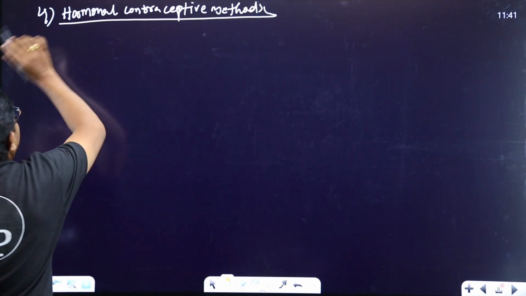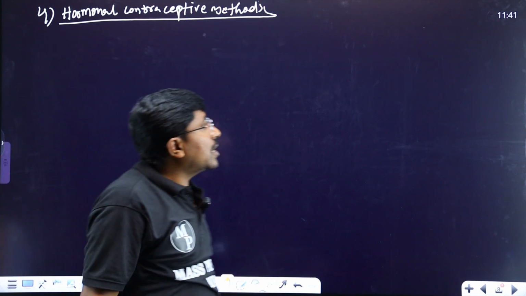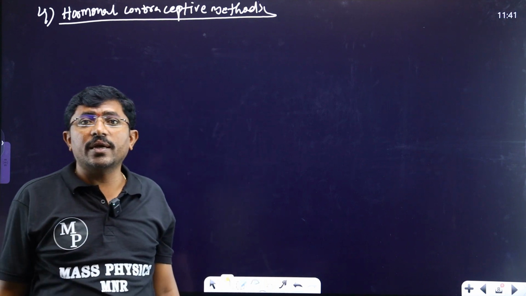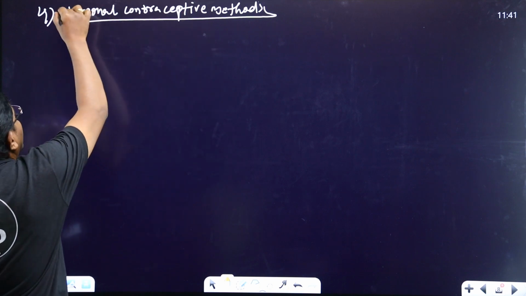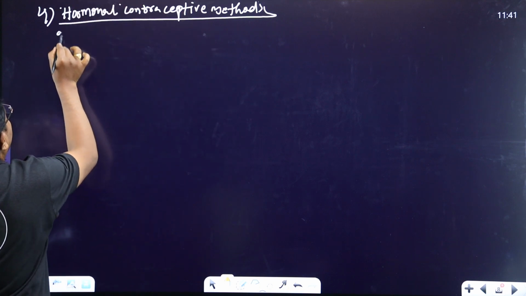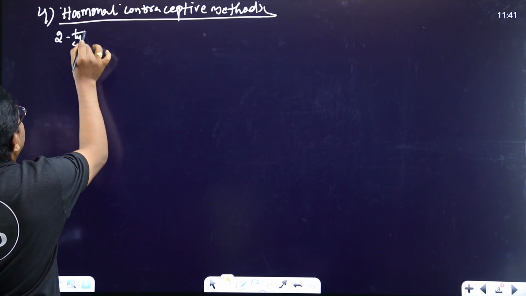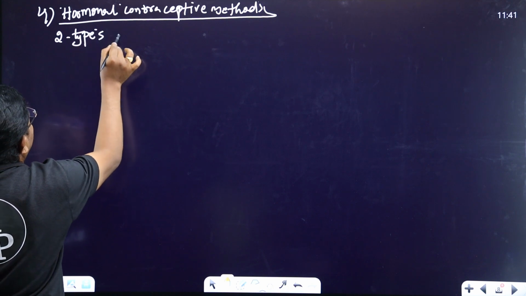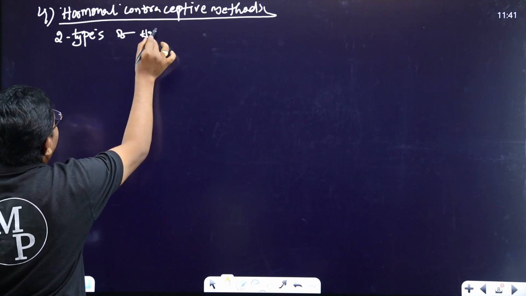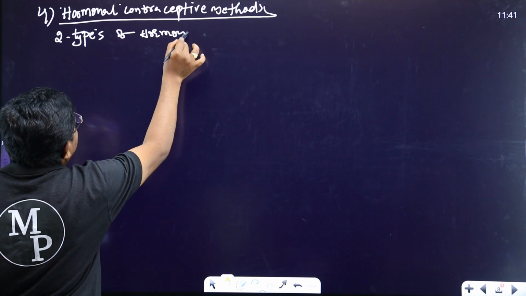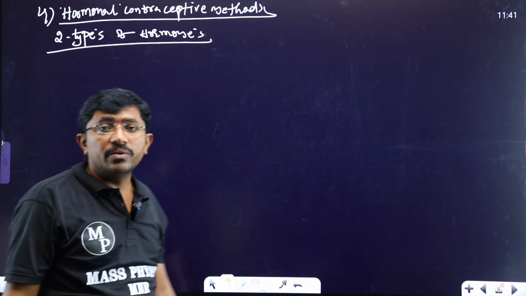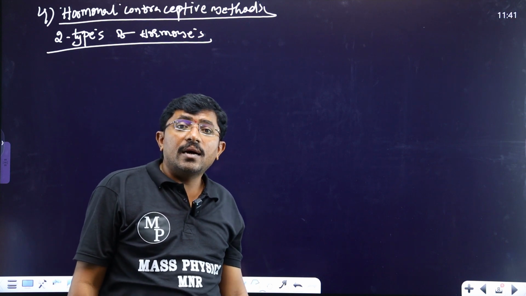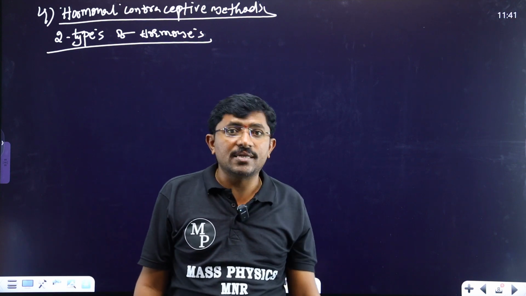Right. In these hormonal contraceptive methods, mainly two types of hormones are used for delaying the pregnancy.